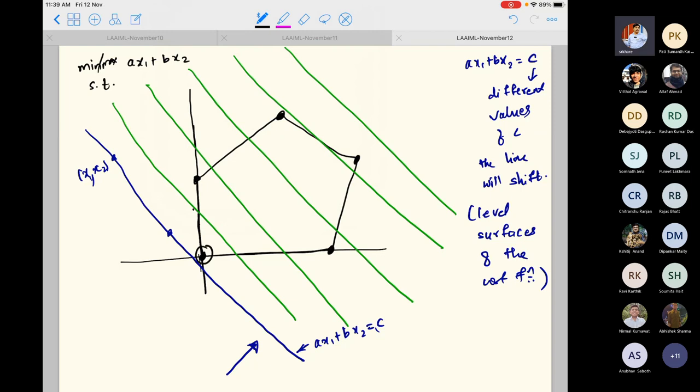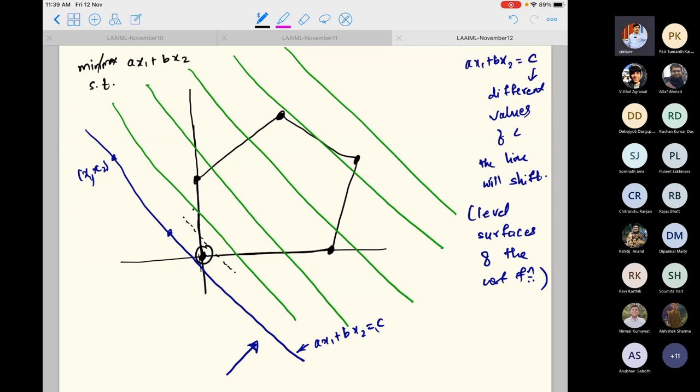This is the point where this line will intersect first. So if I'm trying to find the minimum value of ax1 plus bx2, obviously it will be at this point in the origin. Because if I move slightly further, if I draw this particular line, then the value is greater than 0 for this line. Do you agree?